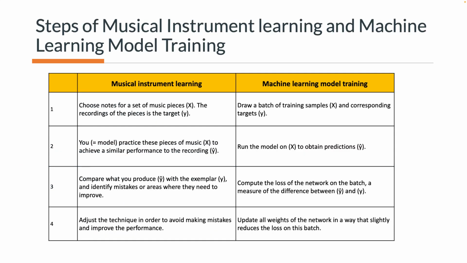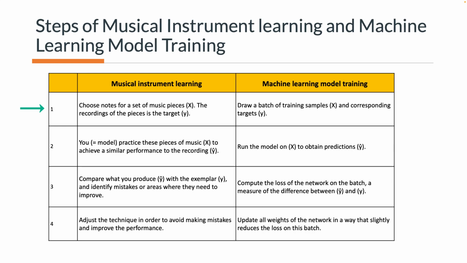Let's have an example and see how machine learning is similar to human learning. We want to see how a person learns playing an instrument and how that translates to machine learning. In the second column from left, we have the process of learning a musical instrument by a person. A person like you chooses the notes for a set of music pieces.